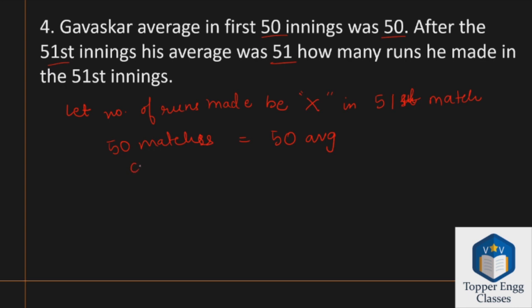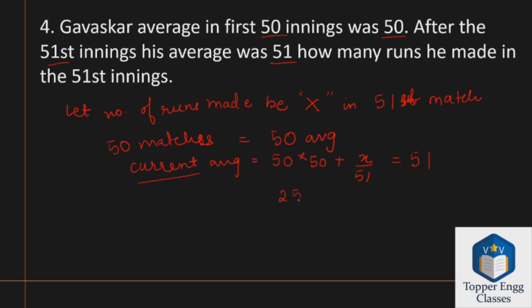So the current average is (50 into 50 plus x) upon 51 equals 51. That is, the current average is 51. So we have to calculate x here.